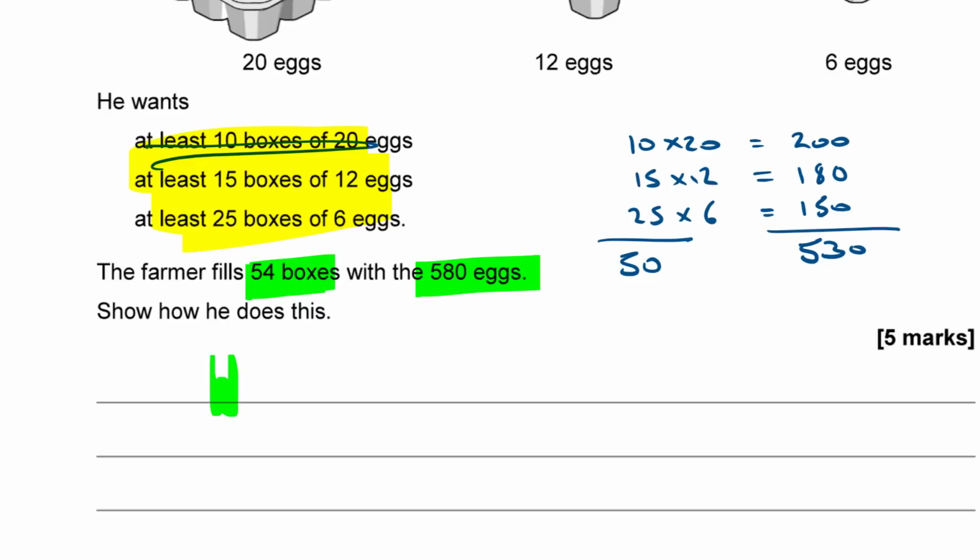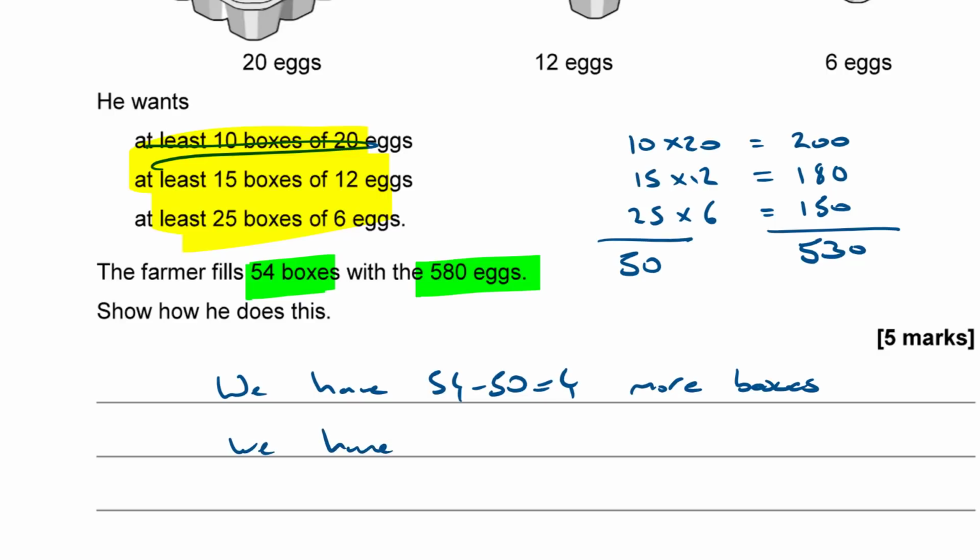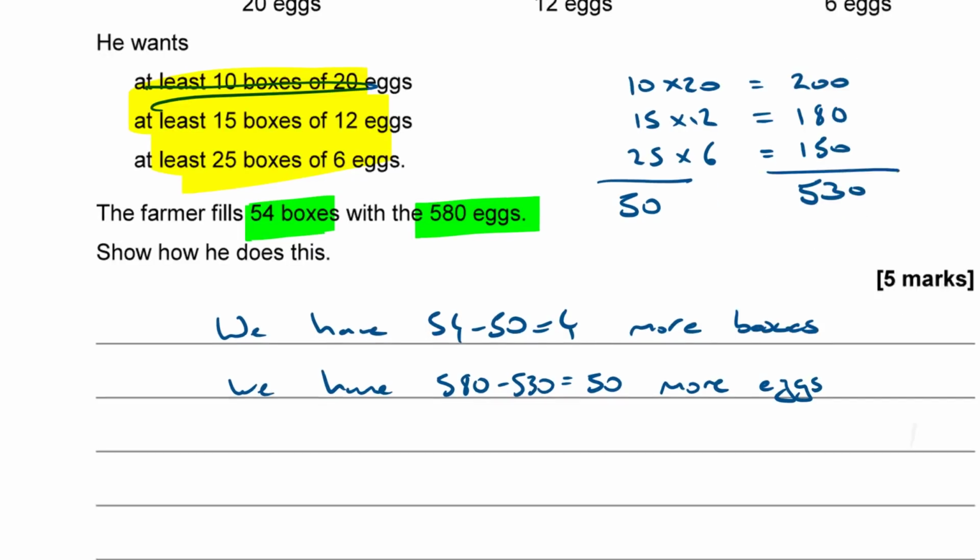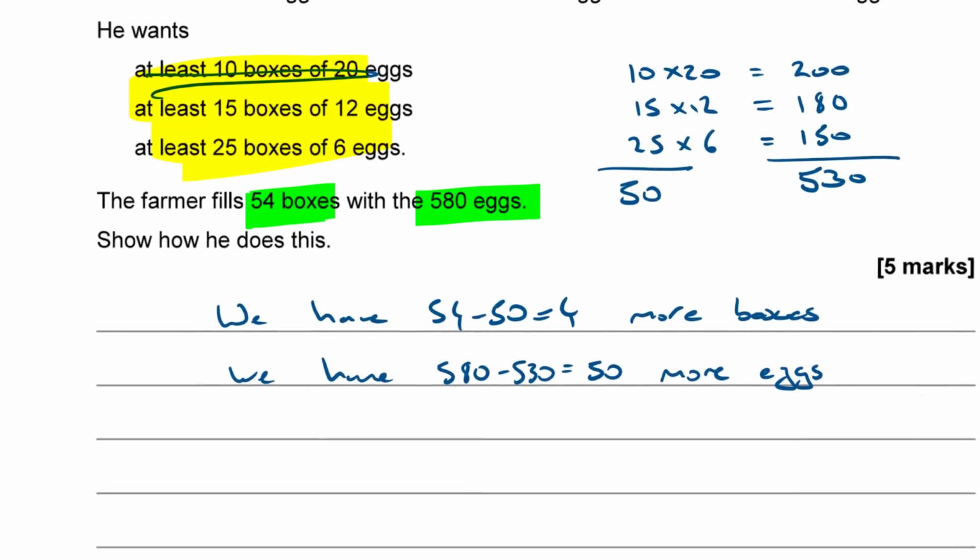So we have 54 minus 50, which is 4 more boxes. And we have 580 subtract 530, which is 50 more eggs. Okay, so we've got to put 50 eggs in 4 boxes. So how are we going to do that then?